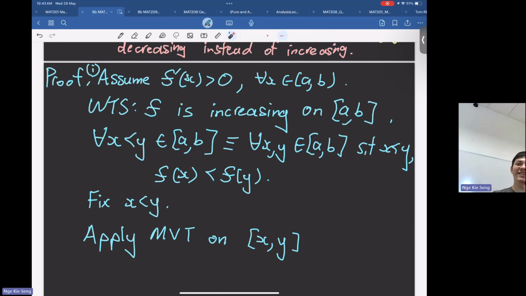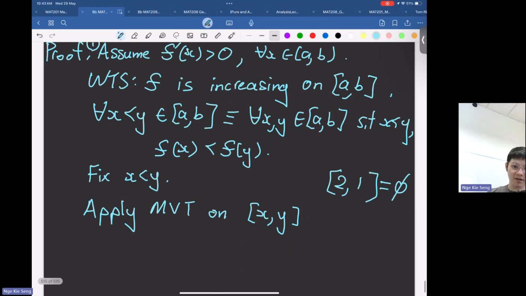Can you be greater than 2 and less than 1? Cannot. So this is an empty set, nothing there. So we apply MVT on [x, y].